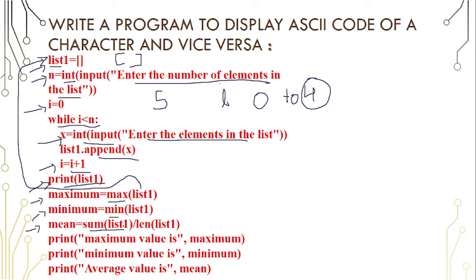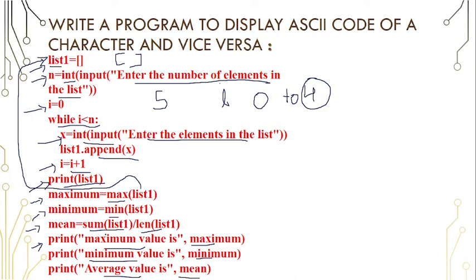Sum of list1 is used to calculate the sum of all the elements of the list, and len function is used to find out the number of elements of the list. So the sum of all elements divided by number of all elements, it will provide us mean. After that we will print the output as maximum value is maximum, minimum value is minimum and average is mean.